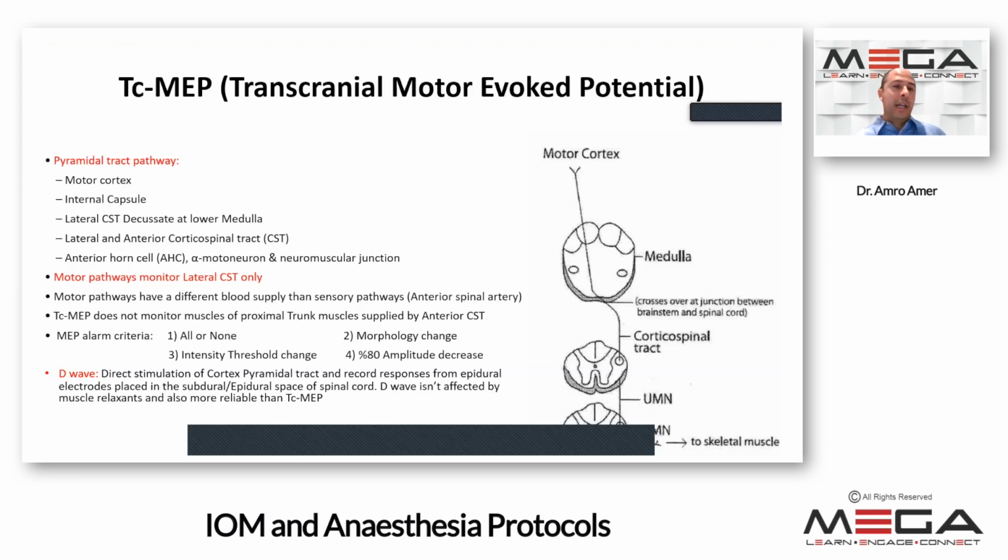And it usually detects the direct waves of the corticospinal tract. So if there is any synapses, it bypasses that. It's very accurate. So even if we lose motor during the case, we tend to rely on the D wave. There's parameters. I'm not going to talk about that. So it's different parameters for different critical parts of each surgery.